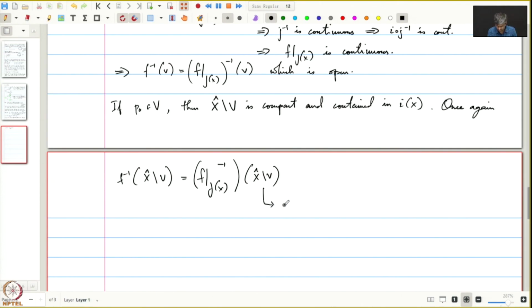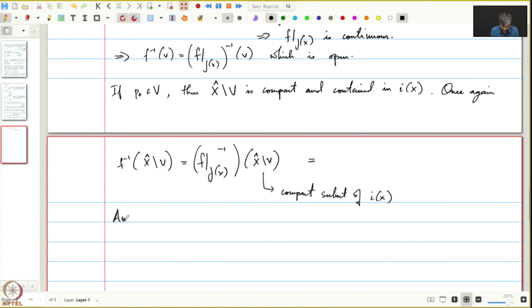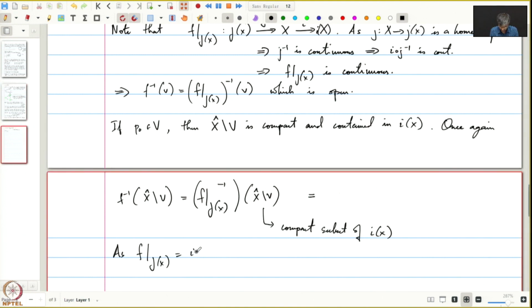But this is a compact subset of I of X, right? And F restricted to J of X is equal to I composed with J inverse, and both these are homeomorphisms.